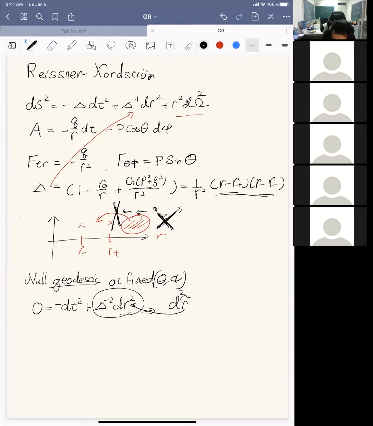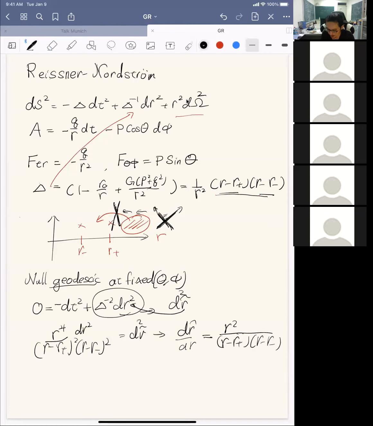In other words, you want to solve the following equation: r to the 4 over r minus r plus squared times r minus r minus squared dr squared equals dr tilde squared, or that dr tilde over dr is equal to r squared over r minus r plus times r minus r minus. Okay, so that's the whole notion of doing the Eddington-Finkelstein coordinate system.